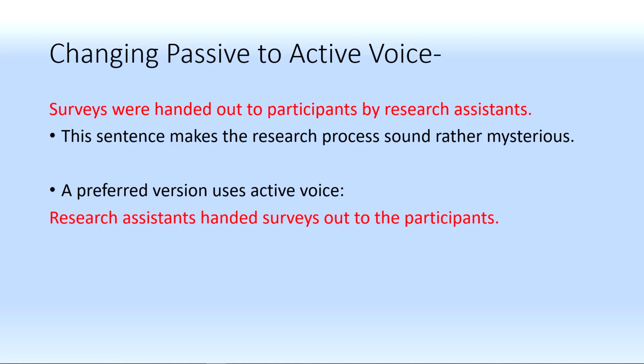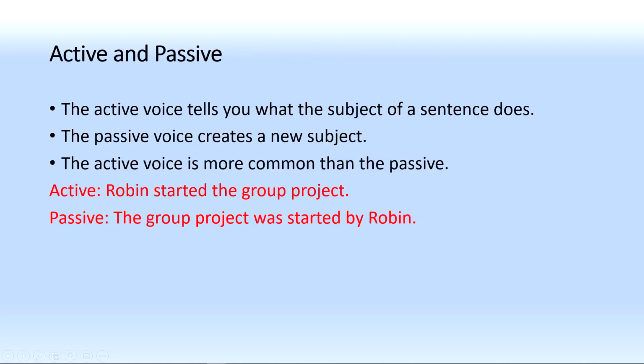So if you change it over and you say research assistants handed surveys out to the participants, here again, we just use a single verb and we know the action of this verb versus were handed, okay? And we know that it's the research assistants that were doing the handing out, okay? So this is passive and this is active.